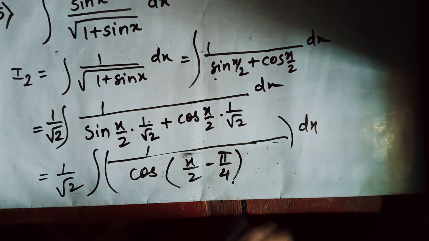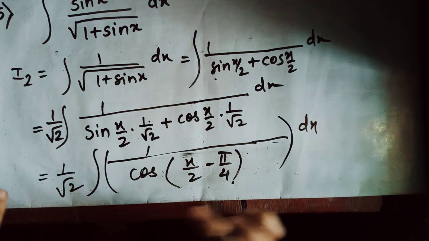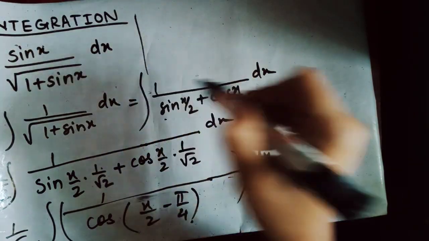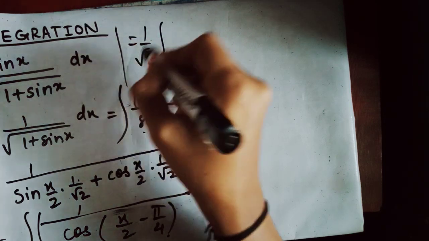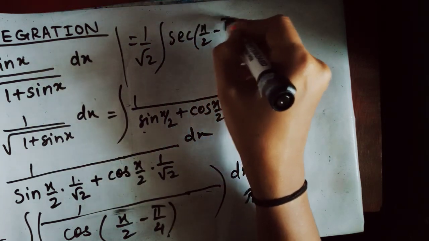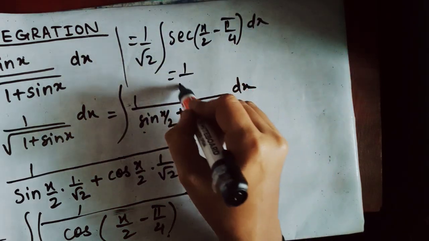Okay, which I can take in the numerator. So this becomes sec of x by 2 minus pi by 4. I will write here, so 1 upon root 2 is outside, integral sec of x by 2 minus pi by 4 dx. Okay.